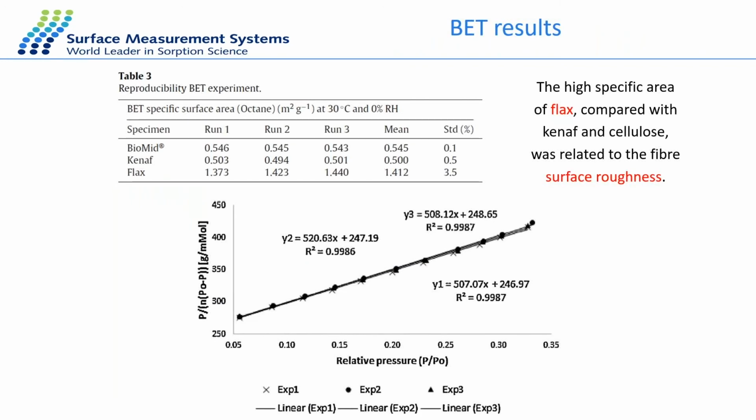So we packed the fibers into our columns, and we performed the experiment 3 times in order to determine the relative standard deviation of the experiment. You can see in the case of those fibers which had a uniform smooth surface, the relative standard deviation is not that high.